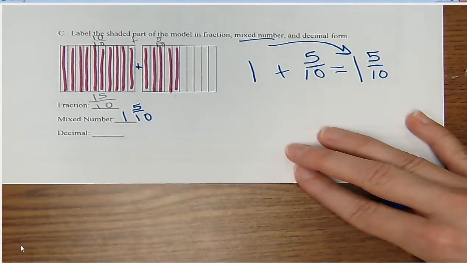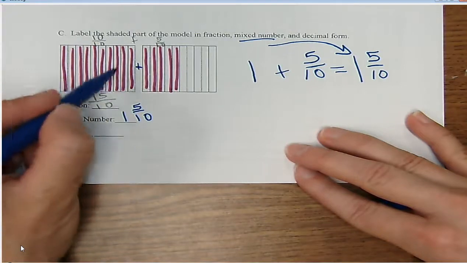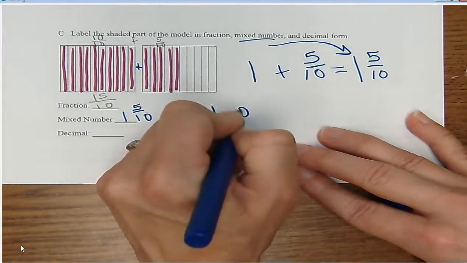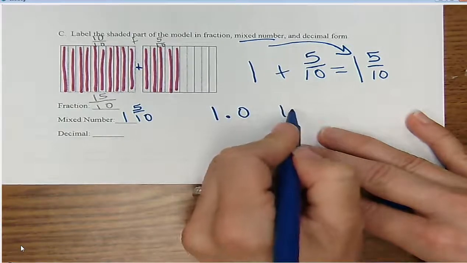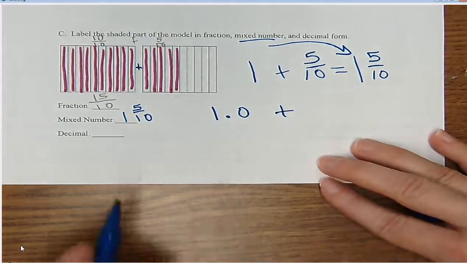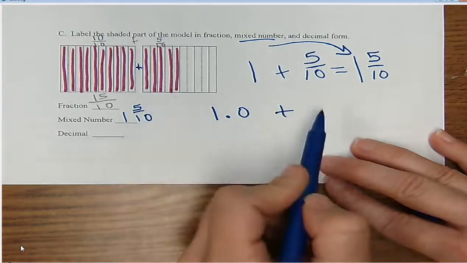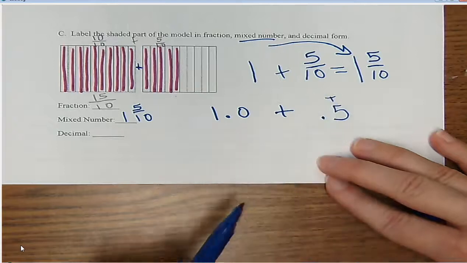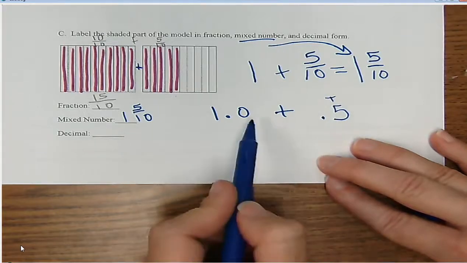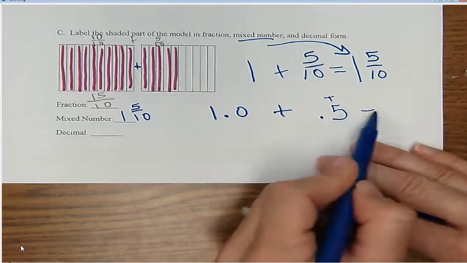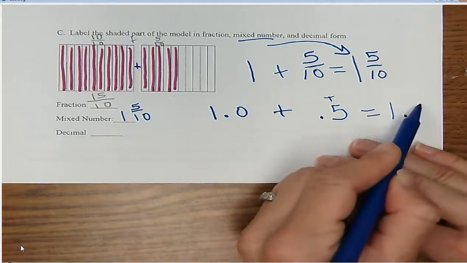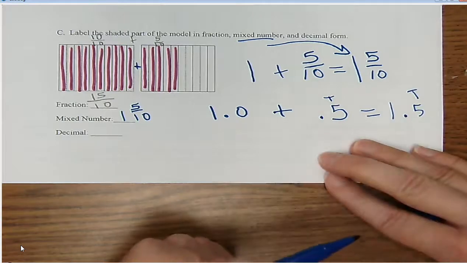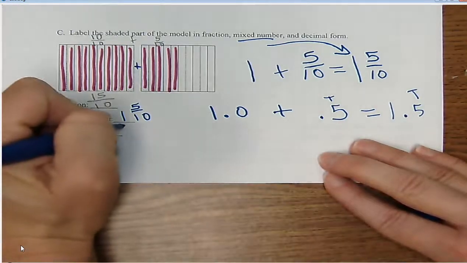Okay, as a decimal then, if you have one whole square, 1 is written as 1.0 plus, so this would be expanded form, 5 tenths. To write 5 tenths, we need a 5 in the tenths. 1 plus 5 tenths would be 1.5 or 1 and 5/10.